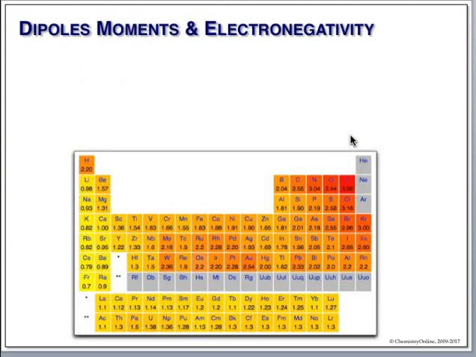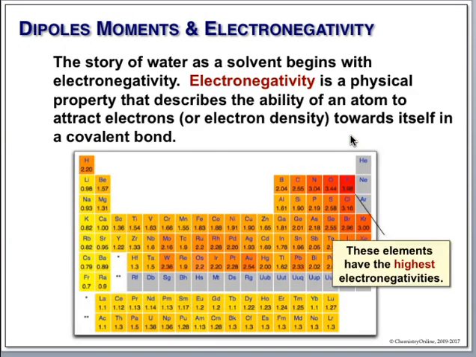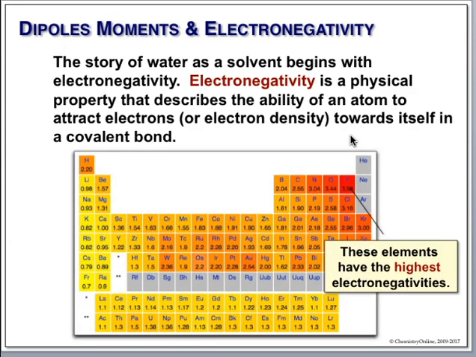Now the reason for this is something called electronegativity. It's an inherent property of an atom, and basically it's the ability of the atom to attract electrons to itself. The most electronegative element is right here, that's fluorine. Least electronegative is down here.